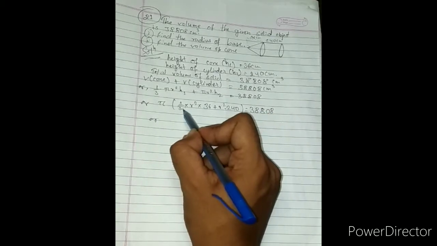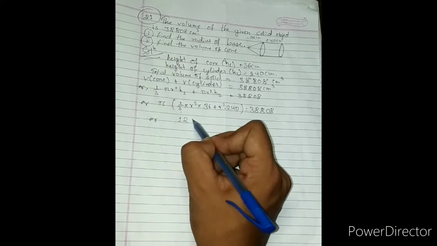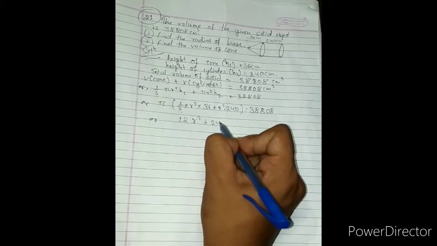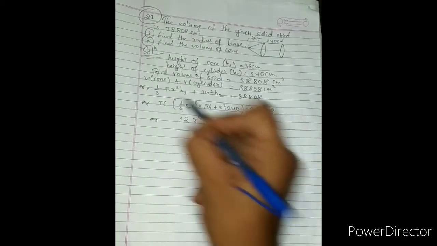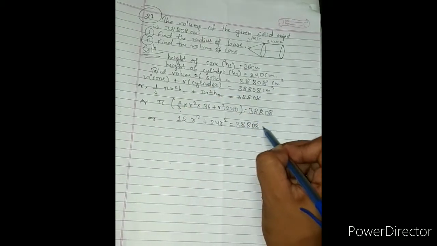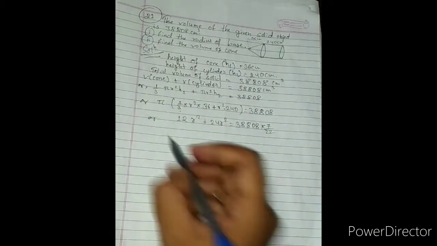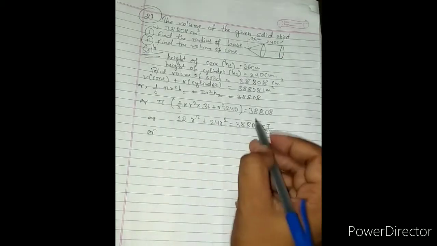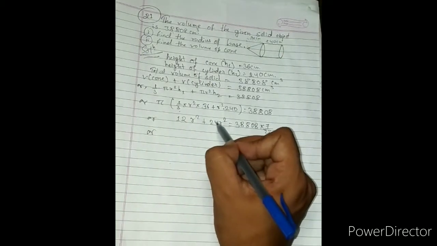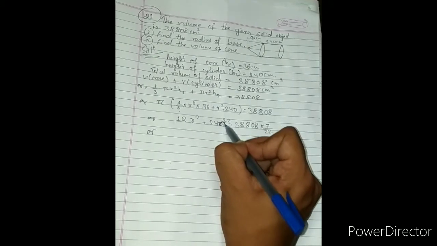So 36 by 3 how much? 3 1s are 3, 3 2s are 6, 12 r square plus 240 r square. Now this pi will come to the other side as 7 by 22, because it is 22 by 7. When we take it to another side, its reciprocal will go there.